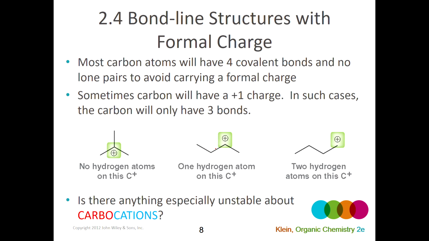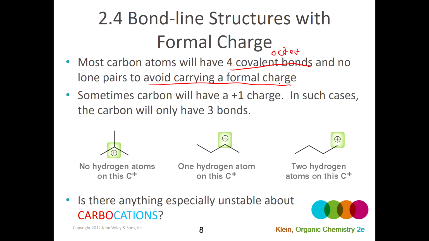And so when you're dealing with carbon, there are really pretty much only three ways you'll ever see it. Typically, most of the time, it'll have 4 covalent bonds because that allows it to have both an octet and avoid carrying an unstable formal charge. We just saw an example where it was negative. That will occur. It's pretty unstable.